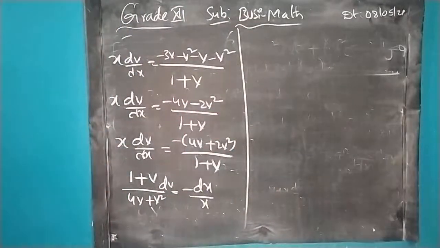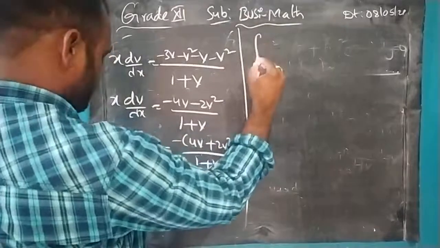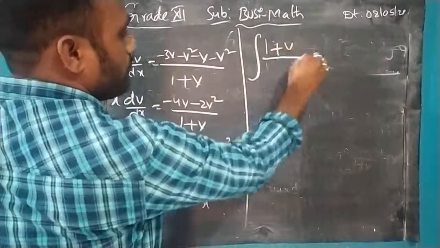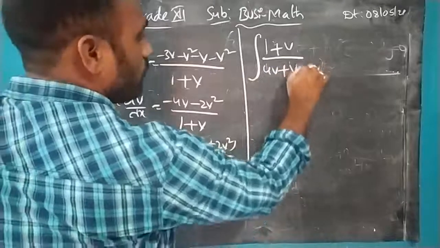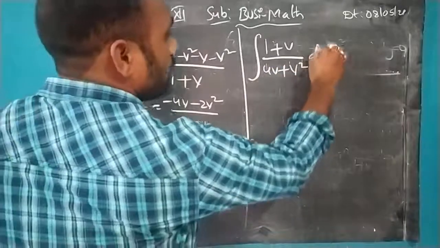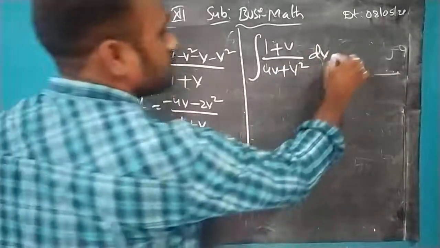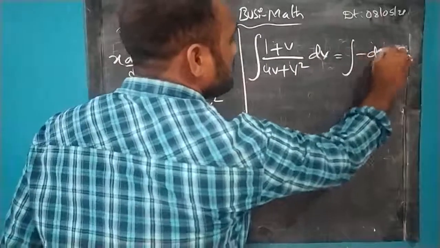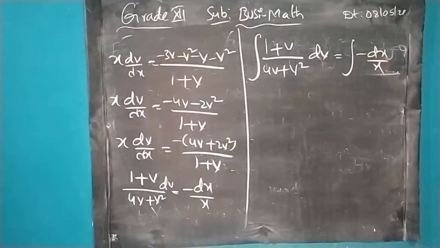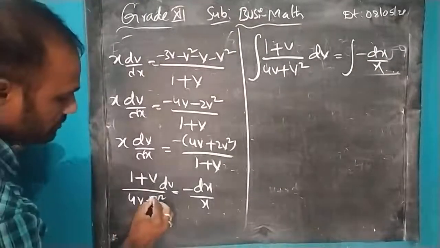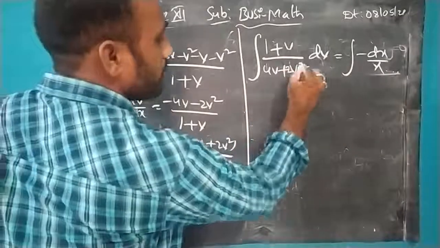Now if I perform integration on both sides, it will become integral of (1 plus v) by (4v plus 2v square) dv is equal to integral of minus dx by x. Here 2v square, not v square, 2v square.